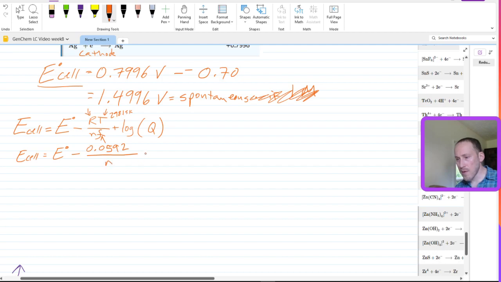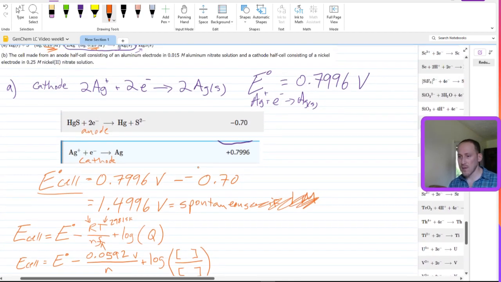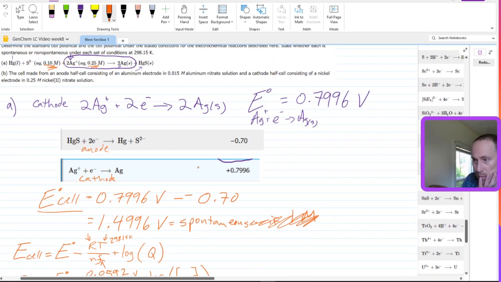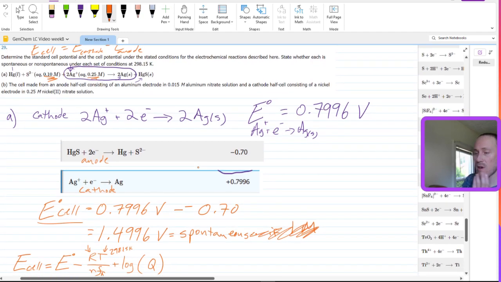Over still the number of electrons matters, volts, plus the log of the ratio of the concentration of our product over our reactant. So now I guess that's the only question: what are we going to call the product here, and what do we call the reactant?